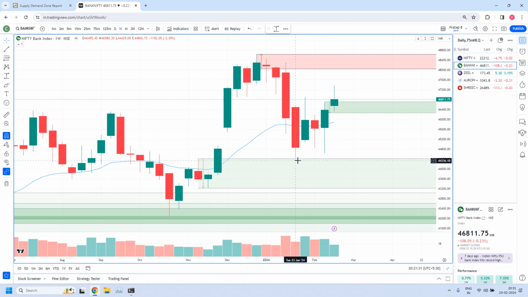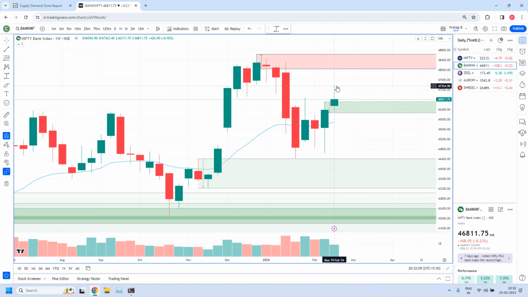Just imagine in this zone you would have taken an entry at around 44,400. Nifty gave an entry. And this week it reached up to 47,300.